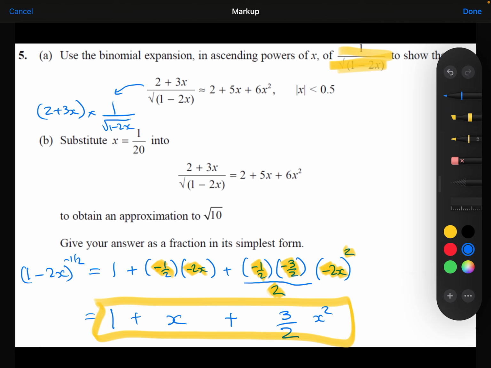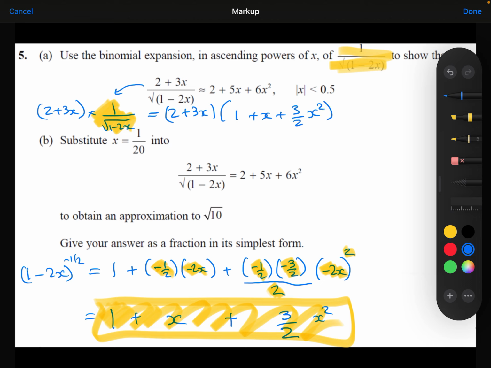The way I've written that is exactly the same, just longer. But the point is that this can be replaced with what I've just done down here. So I can say that 2 plus 3x is going to get multiplied by 1 plus x plus 3 over 2 x squared.